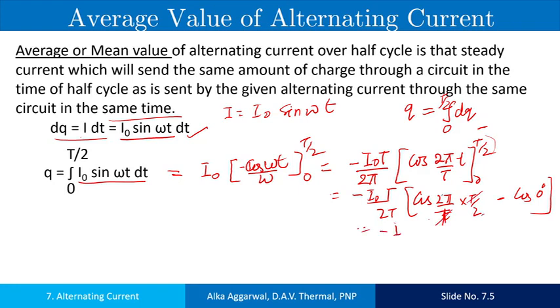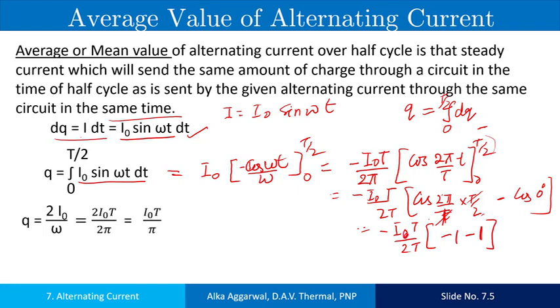The value of cos pi is minus 1 and the value of cos 0 is 1. So 1 and 1 becomes 2, minus minus becomes plus, and this equation is equal to I naught T upon 2 pi into 2. The 2 and 2 cancel and it is I naught T upon pi. Okay. Now take it as equation number 1.